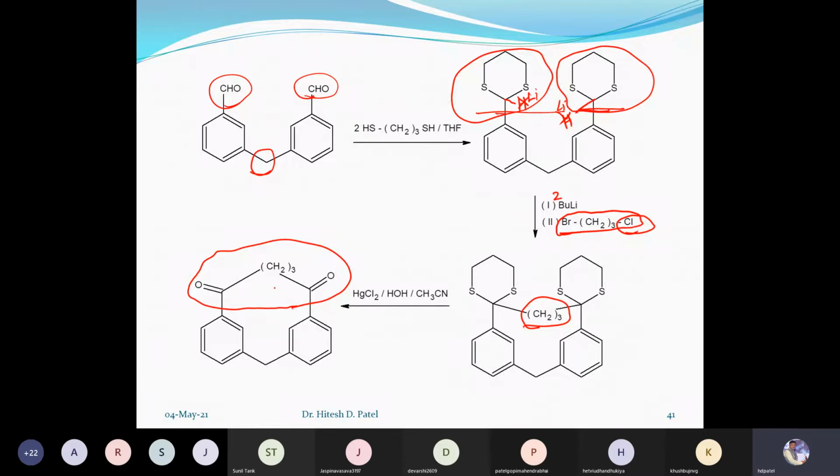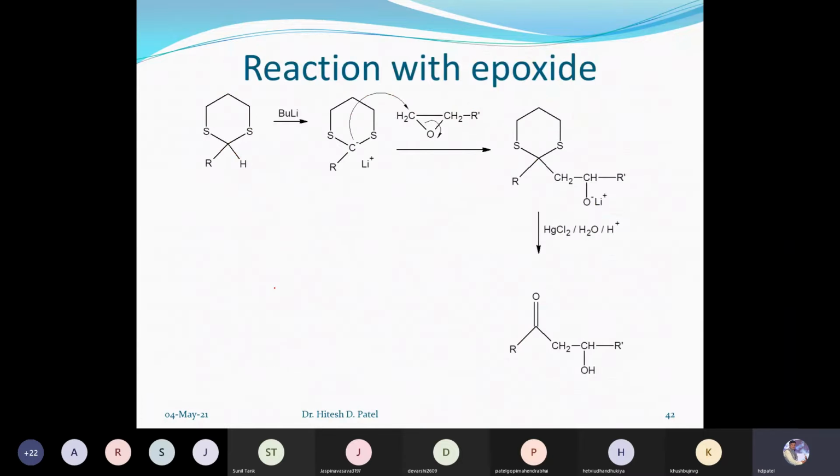So these types of derivatives we can prepare. Now instead of alkyl halide, if we treat with an epoxy compound, CH2O CHR, this is the compound. When we treat with the epoxy compound, what happens?